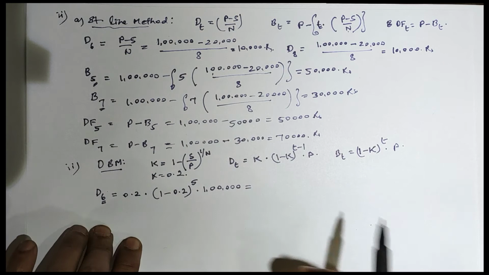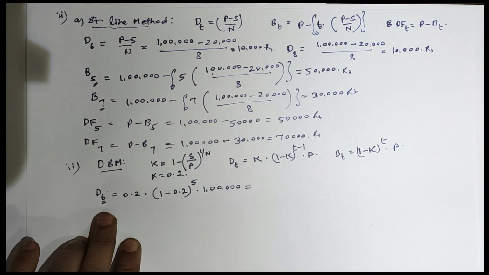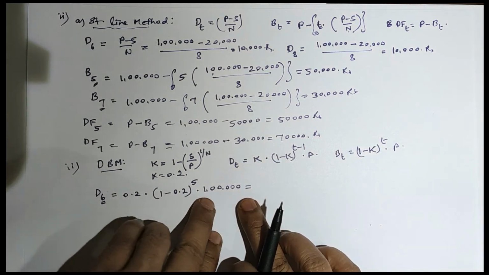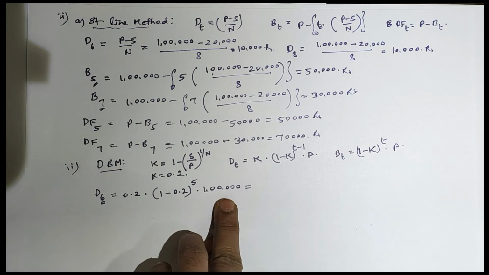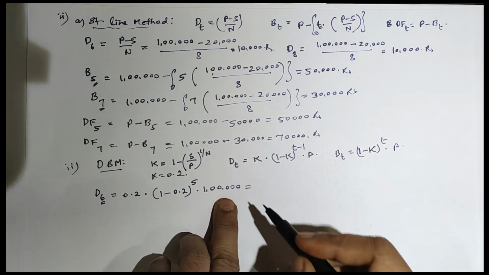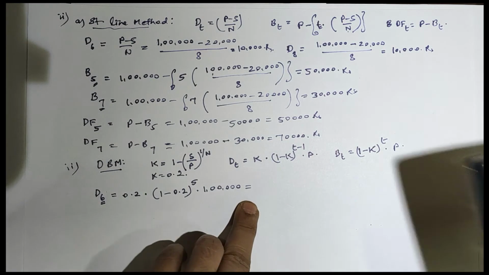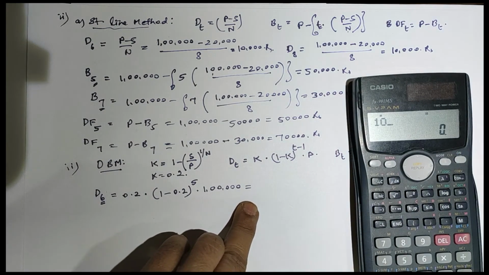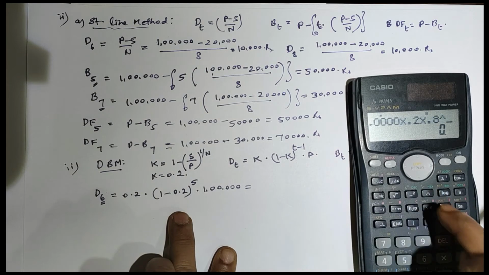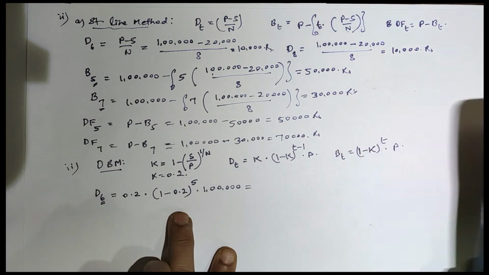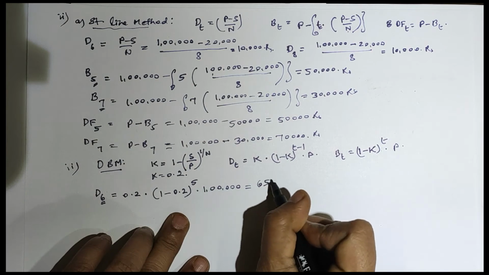So when you calculate, D6 is equal to 1 lakh into 0.2 into 0.8 raised to the power 5, which comes to 65,536.